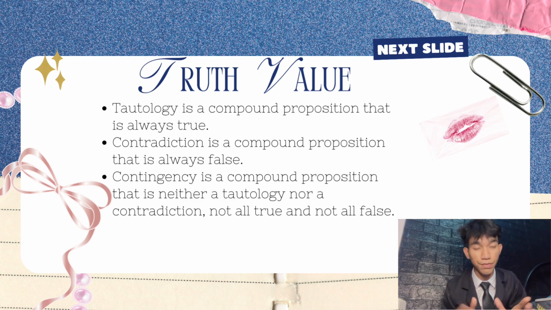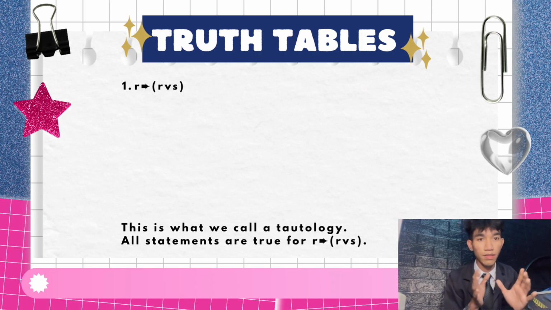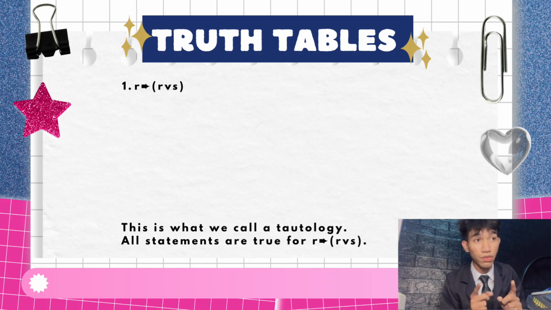So this is the truth table for R implies R or S. You can see here the truth value for statement R is true, true, false, false, while the truth value for statement S is true, false, and the next column, which is R or S, if one of them is true, then the statement will be true.